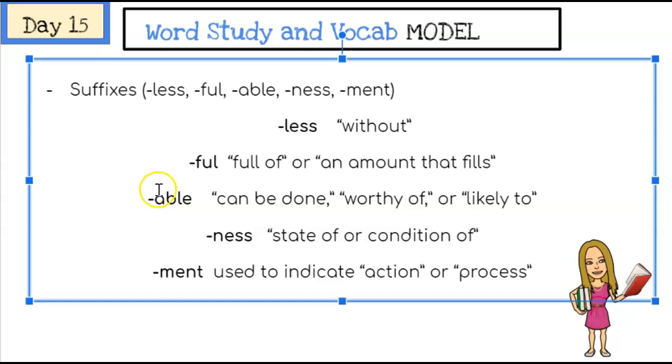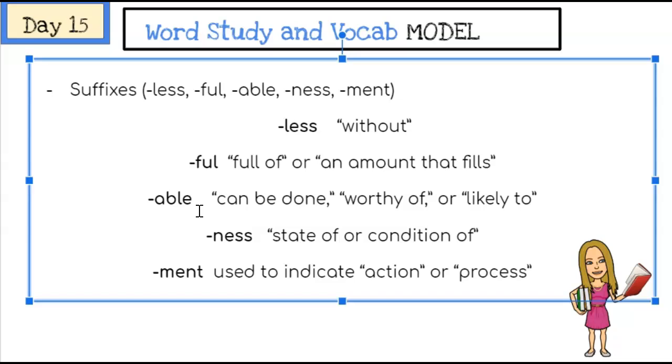Today we're going to be talking about the suffixes less, full, able, ness, and meant. The suffix less, remember, added to the end of a word, means without. The suffix full means full of or an amount that fills.